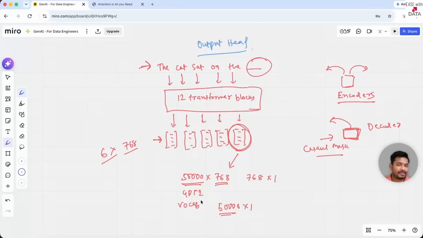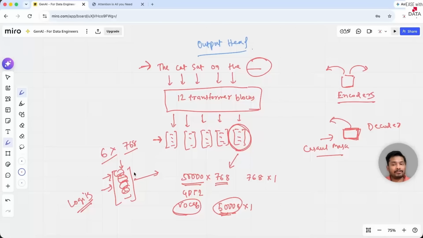Now if you notice here, this is nothing but a matrix where you have 50,000 rows and one column. Now this 50,000 represents the vocab. So now you have some scores stored in each of the rows here, and these scores are called logits, and these scores are nothing but the scores of the vocab, and these scores are then passed into softmax.